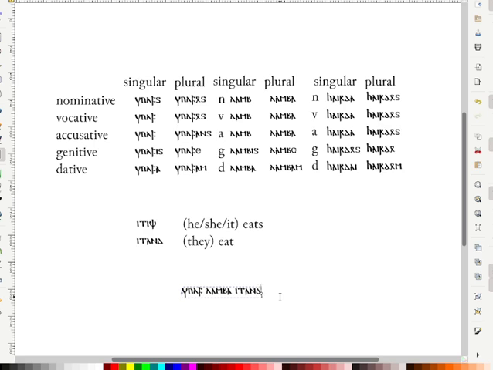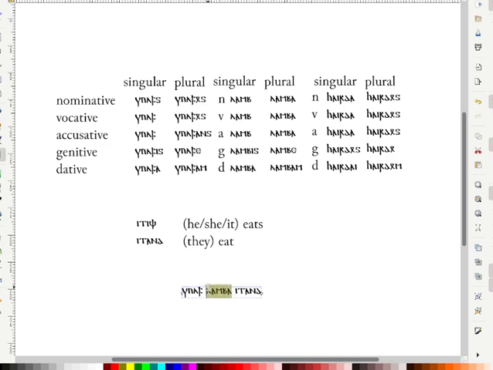They eat, they are eating, they will eat. So we have wolf lamba itand. It's the wolf that the sheep are eating, which is not really a logical sentence, but it's something you can say.